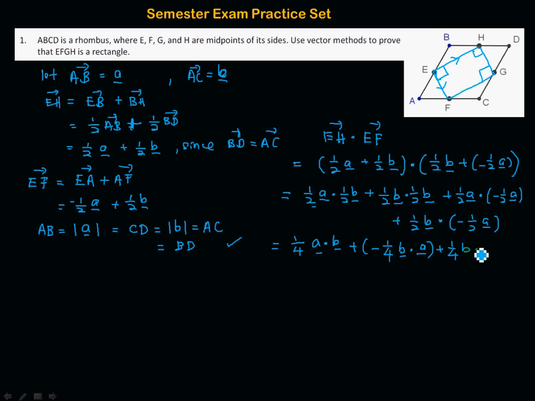I'm going to do it step by step because I do not want to rush this. It's 1 minus 1 over 4 a dot a, right? And so we have 1 over 4 a dot b, and we do know two things.